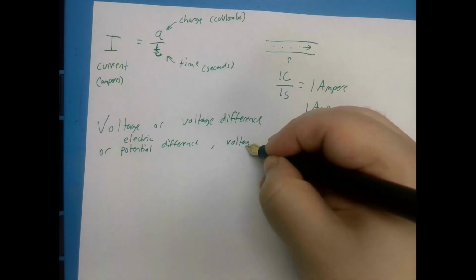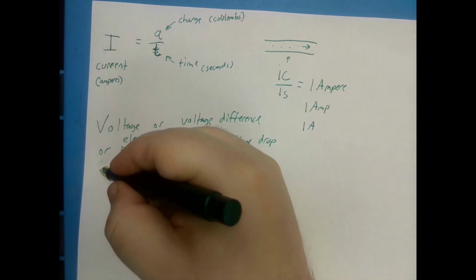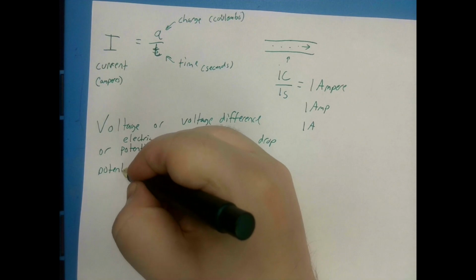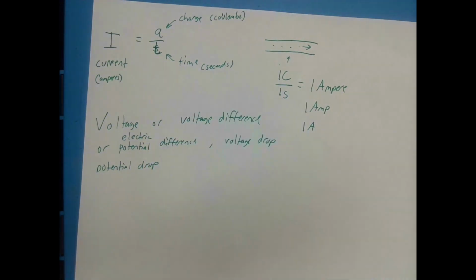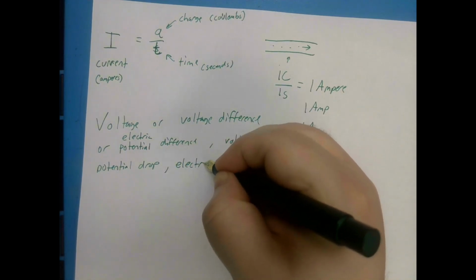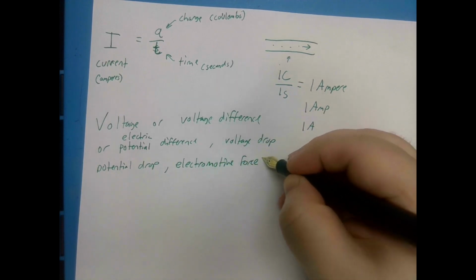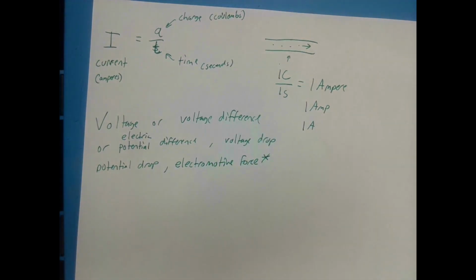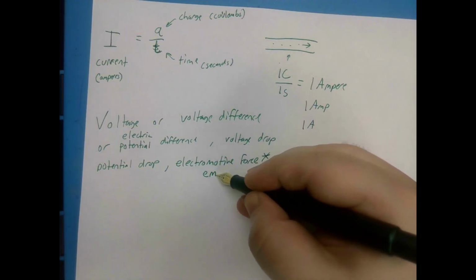Voltage drop. Potential drop. Electromotive force, I'm going to put an asterisk by this, which is abbreviated as EMF.